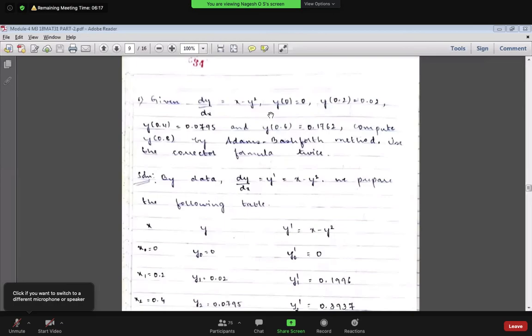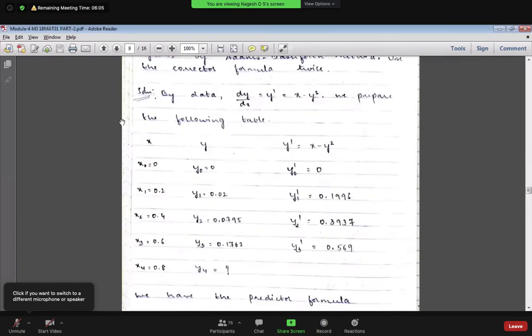First, it is similar to Milne's method. Construct the table x, y dash: x0, x1, x2, x3, x4, y0, y1, y2, y3, y4.